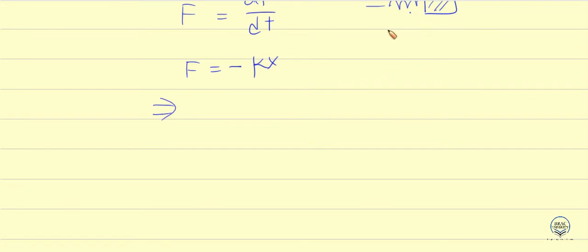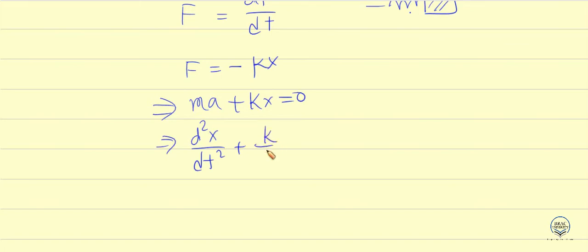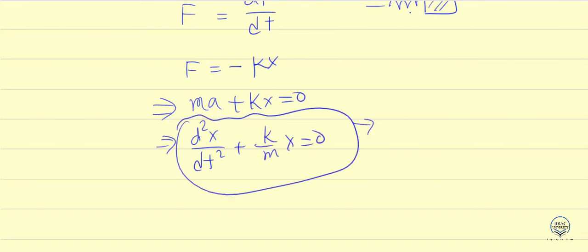And since our mass over here is constant, we can write it as ma plus kx equals 0, where a is just the second derivative of x with respect to time, that means the acceleration. So if you write it in an organized manner, it will look like this. So this is a differential equation.